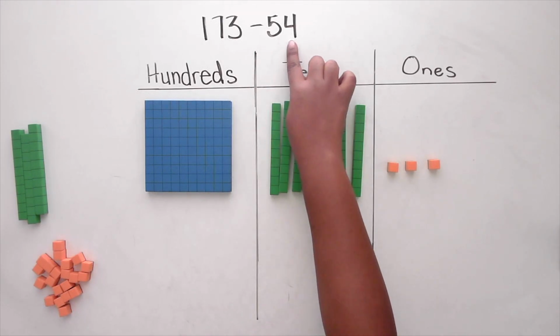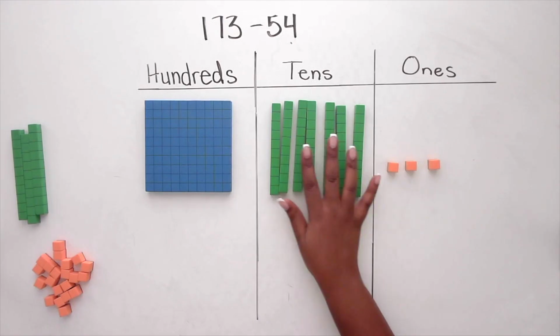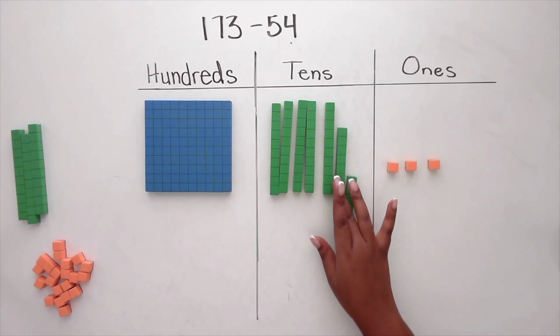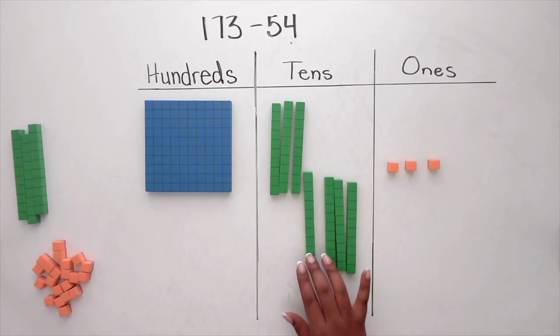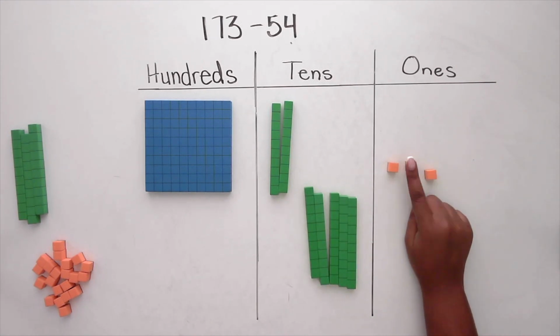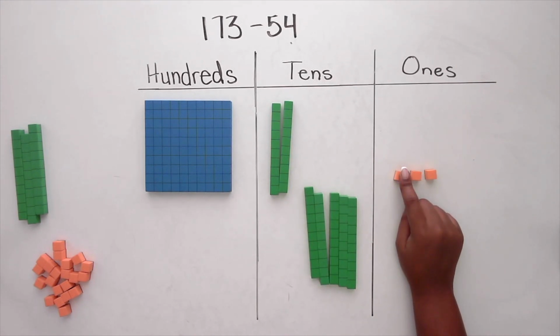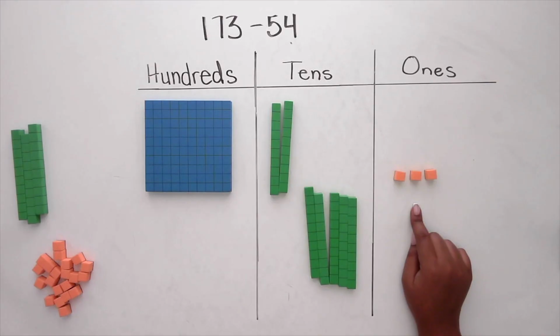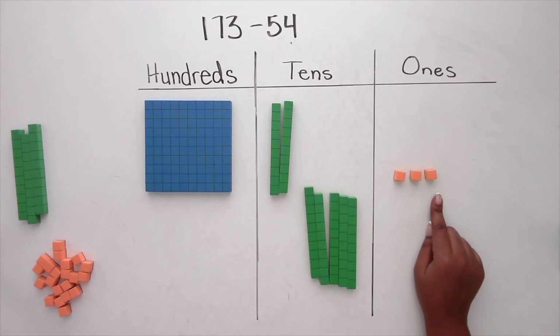To subtract 54, I'll remove 5 rods, which equals 50, and 4 units, which equals 4. But here's the challenge. There are only 3 units.